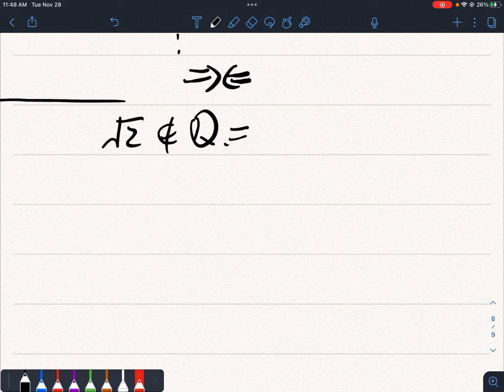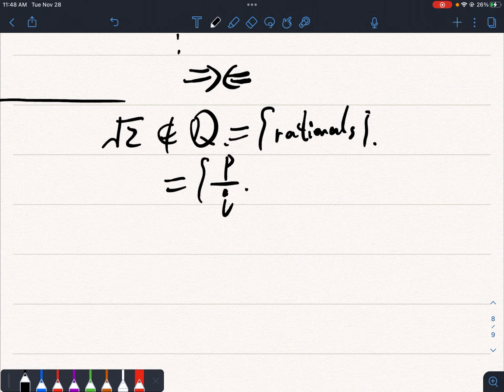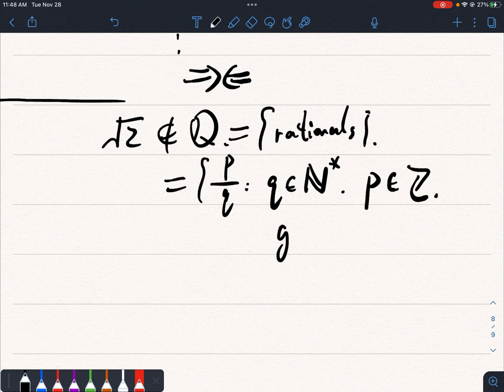So this Q is the set of rational numbers, and by definition, it is the set of all P over Q, where Q is, let's say, a positive integer, and then P is an integer, and then they are co-prime, or the greatest common divisor of P and Q is equal to 1.